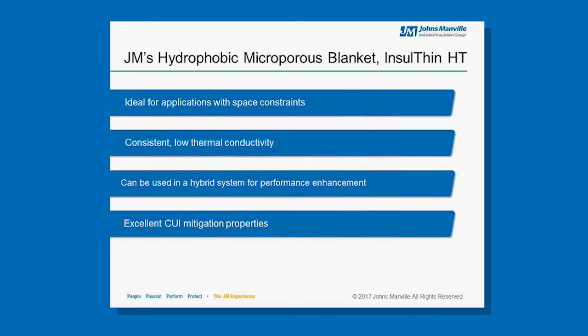When Motorola introduced its Razr phone, which was a very thin profile phone, that phone was about three times the cost of the bricks. This is very similar to that application in the fact that molded products are a lower cost option than hydrophobic microporous blankets that are thinner profile. And again, we'll refer to C1617 because this product as well has excellent CUI mitigation properties.